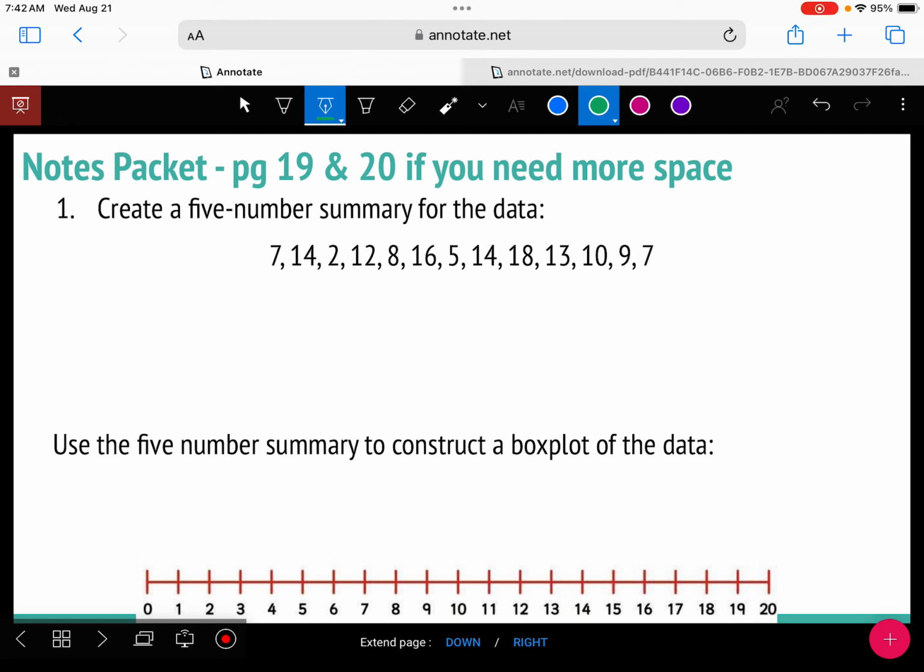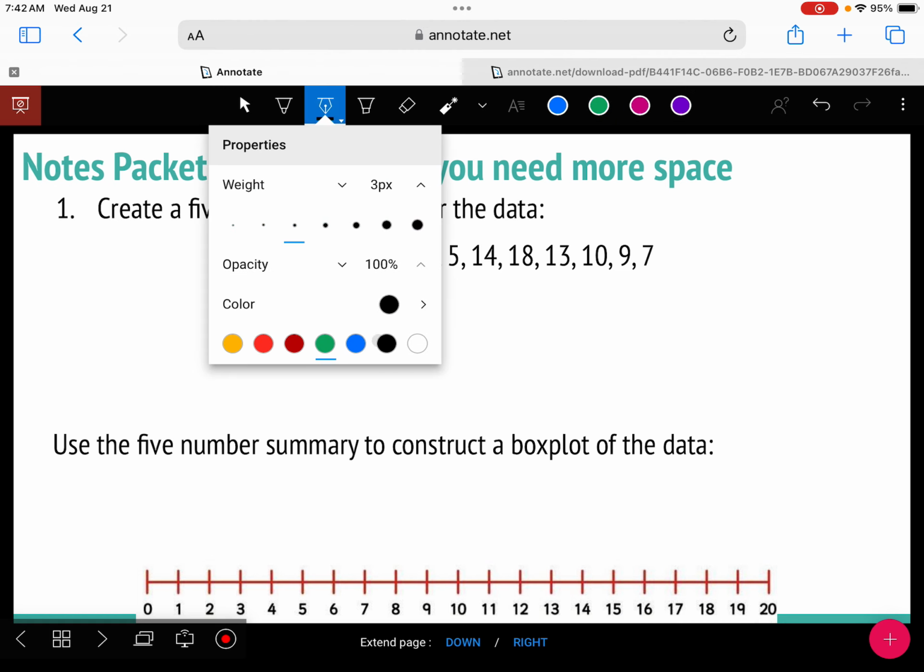So we're going to find all those pieces, which means what needs to happen first with our data? Least to greatest. I need them in order. So very first job is to put them in order. I know there's a lot of pieces here, but this is literally our last thing. So we'll be alright.